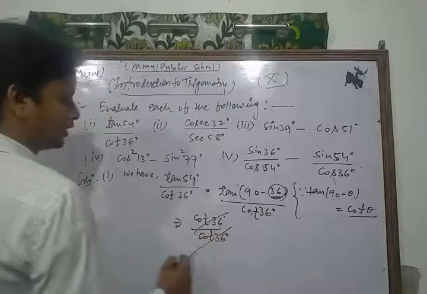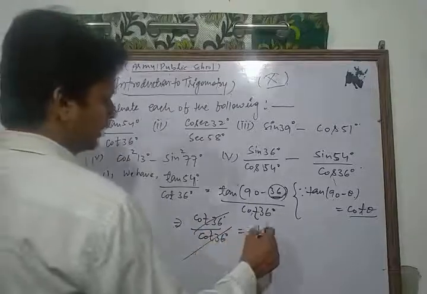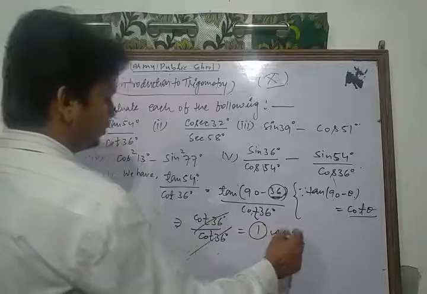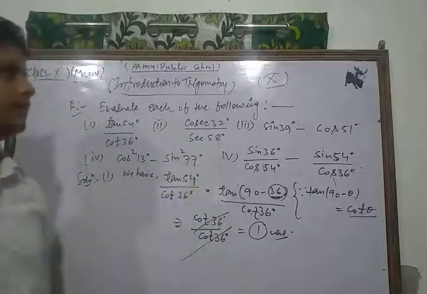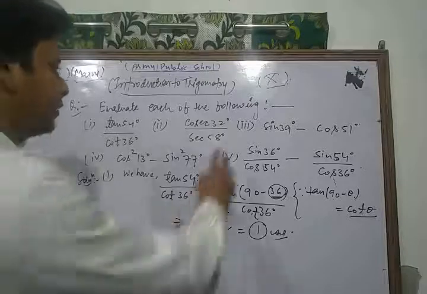Now cot 36 cancel to each other and we get 1. This is the required solution. So in the same way you can solve each and every question of each part of that question.